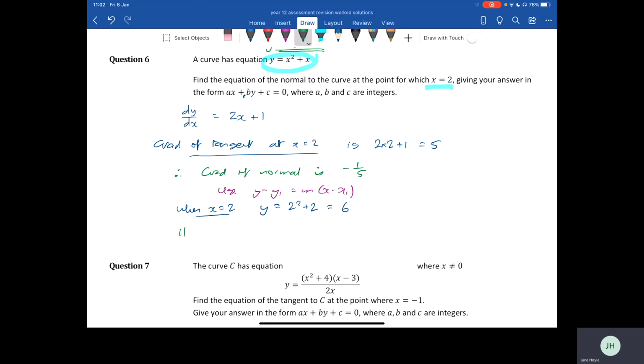So finally, using my y minus y1, which I've just worked out, 6 is equal to negative 1/5 times x minus x1, and x is 2. We have got, I need a bit more room.